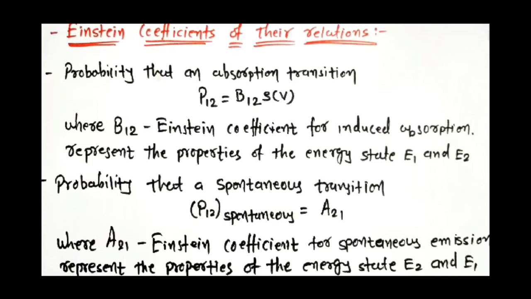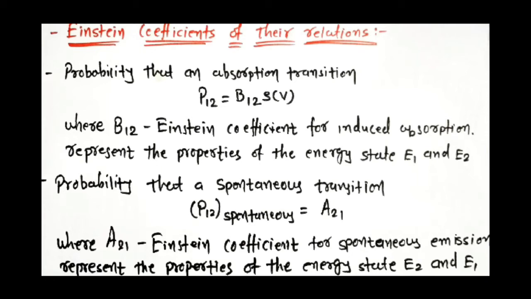Second, the probability that a spontaneous transition occurs is P21 spontaneous equal to A21, where A21 is a constant known as the Einstein coefficient for spontaneous emission.